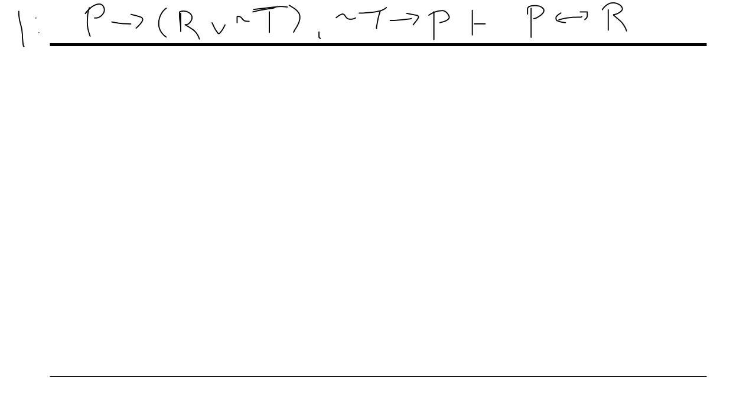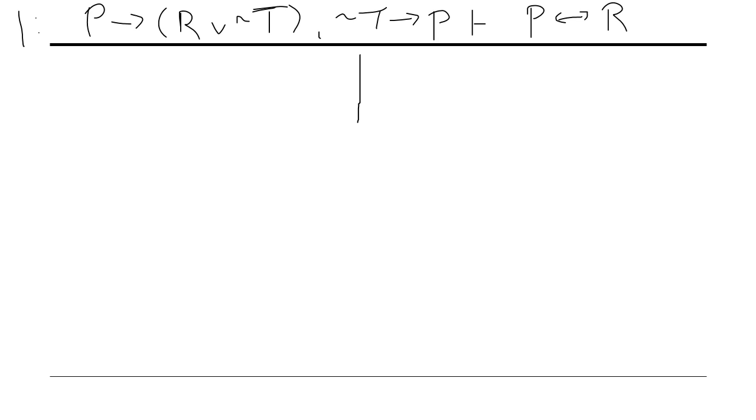So as we did before, we want to look at what our premises are. Here are our premises. Here is our conclusion. We're going to start by listing our premises on the left-hand side of our line.